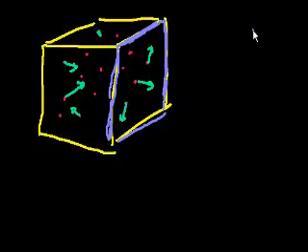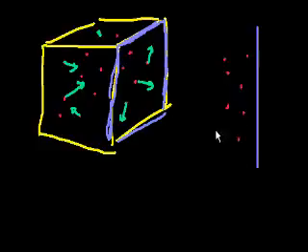Let me draw a side view. So if this is the side view of the container, of that same side, there's always these molecules of gas moving around, and if we pick an arbitrary period of time, they're always ricocheting off of the side. Let's say we're looking at a super small fraction of time.